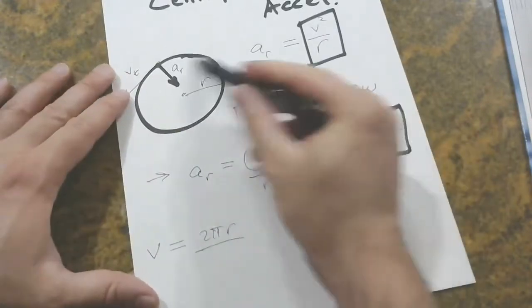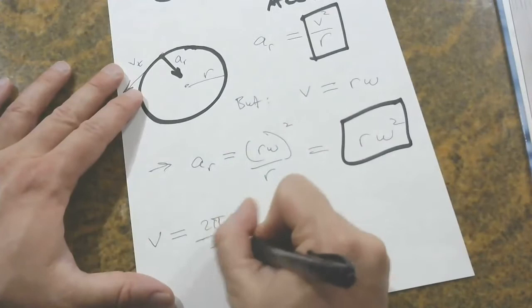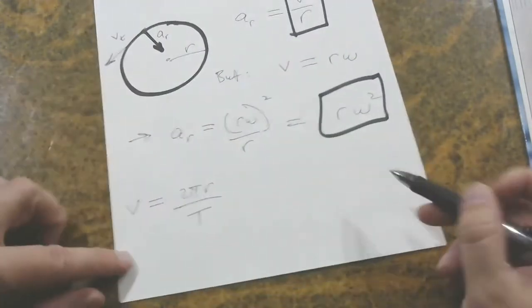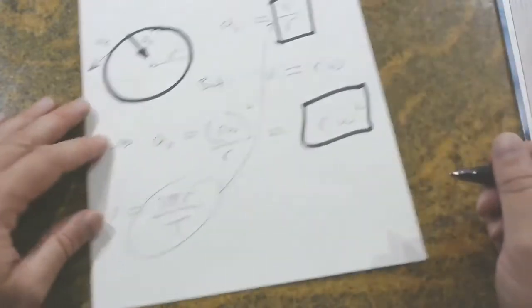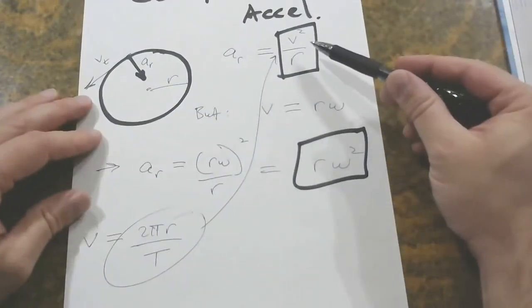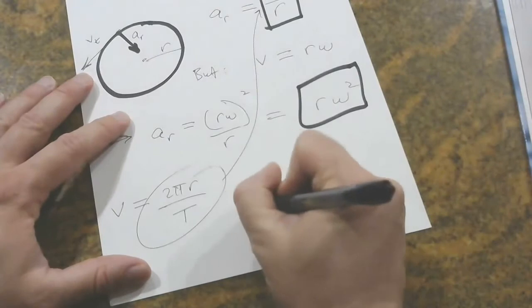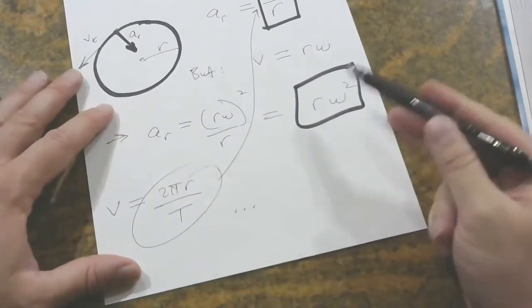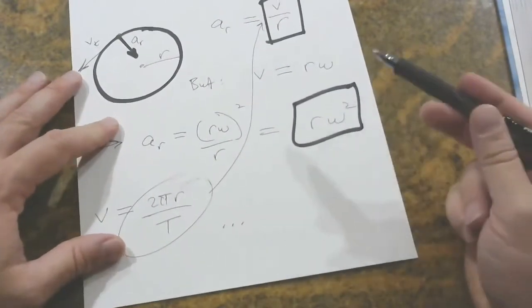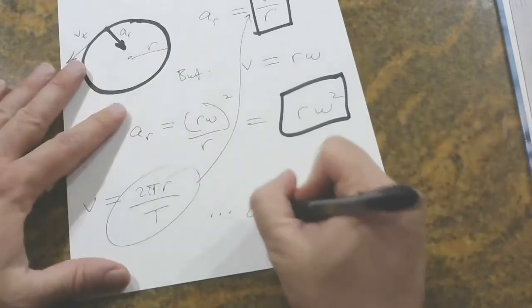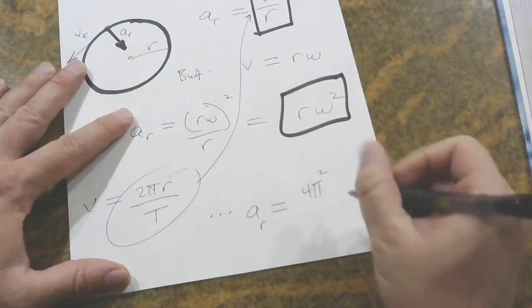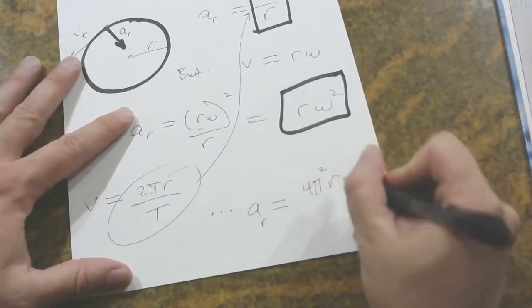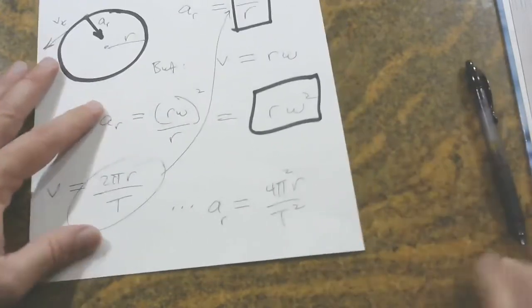And the time it takes to go around once is typically called the period, T. So we could then plug this into our more commonly used formula, v squared over r. You should check this. Go ahead and square that all, divide by r. Another way of writing the centripetal acceleration is 4 pi squared r over T squared.